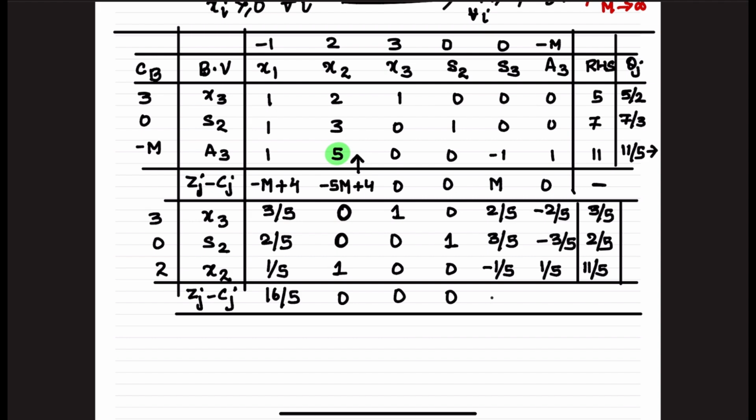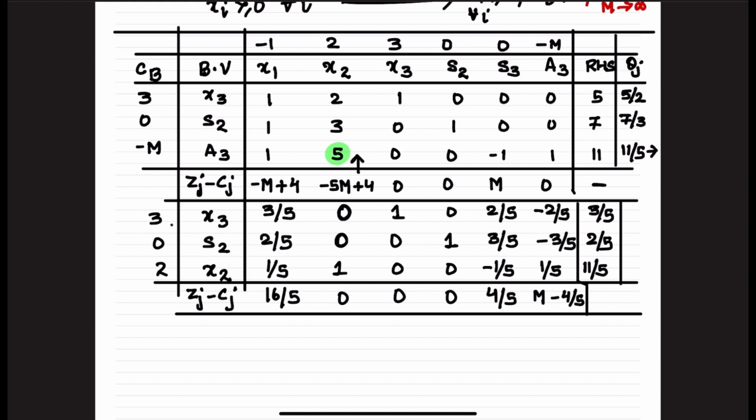The next value is 6 by 5 minus 2 by 5, so that is 4 by 5. The next is minus 6 by 5 plus 2 by 5, so that is minus 4 by 5, minus of minus M, so M minus 4 by 5.